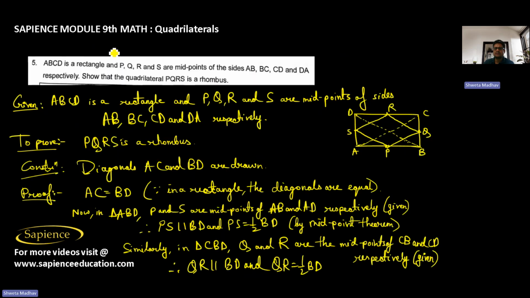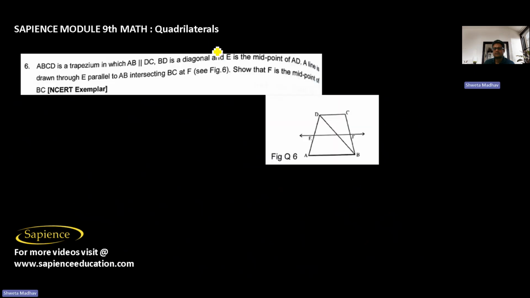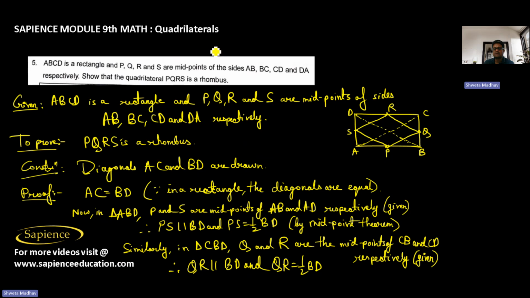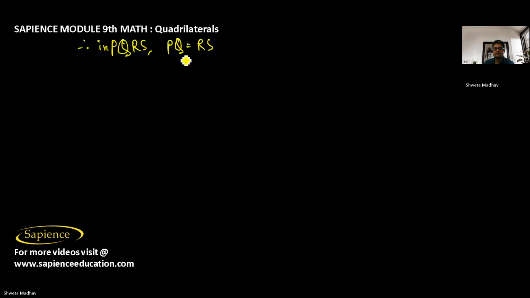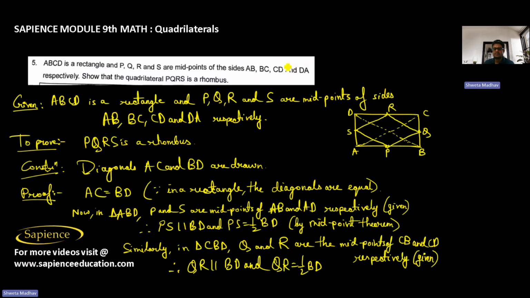So therefore, I can say that in quadrilateral PQRS, PS is equal to QR, since both are equal to half of BD.